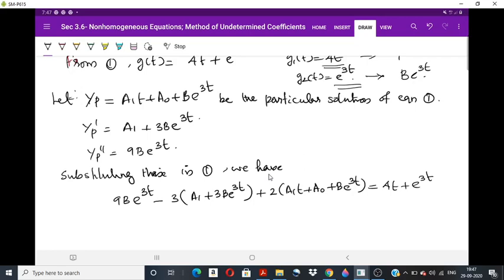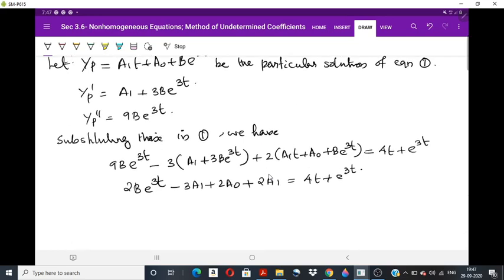Then the remaining term of e raised to 3t has the coefficient 2b. Then the constant term is minus 3a1 plus 2a naught. Then the coefficient of t is 2a1. All of this is equal to 4t plus e raised to 3t.